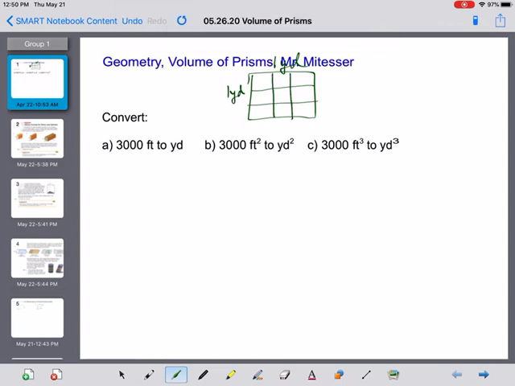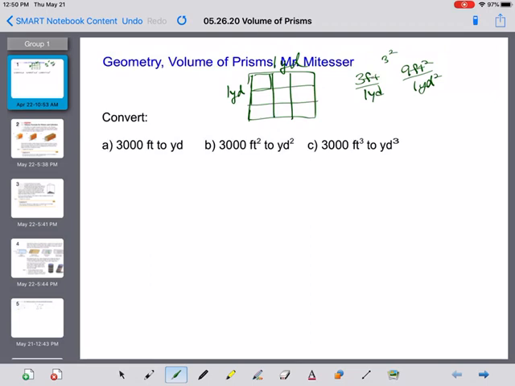Just like that. Each of these is a foot, so it forms a foot by foot square. There's a total of 9, because you square, since there's 3 feet in a yard, then there's going to be 3 squared, 9 square feet in a square yard.